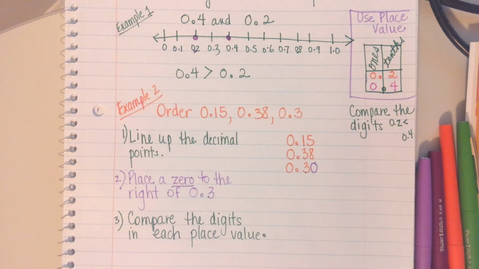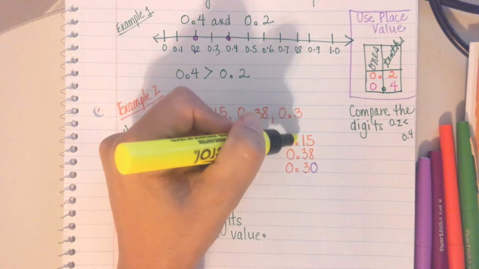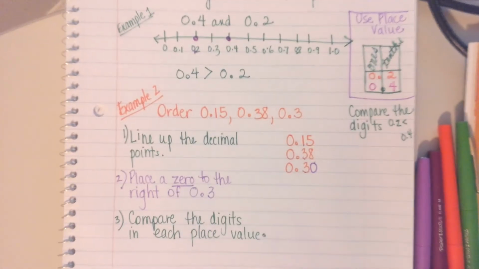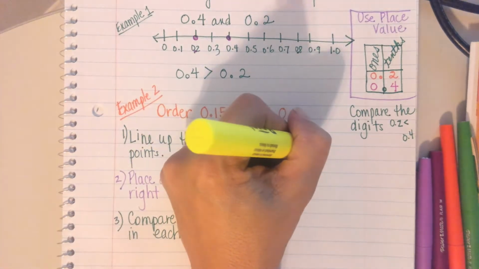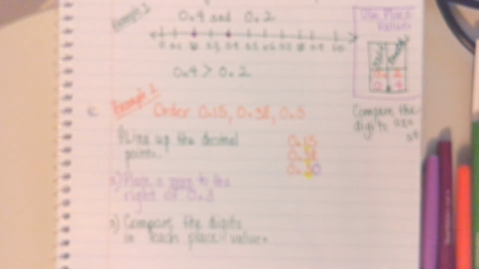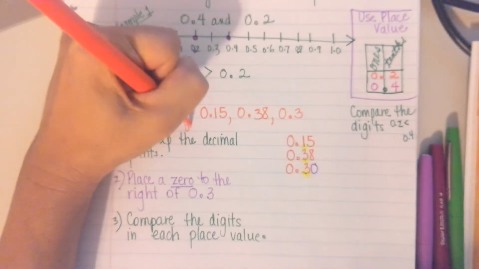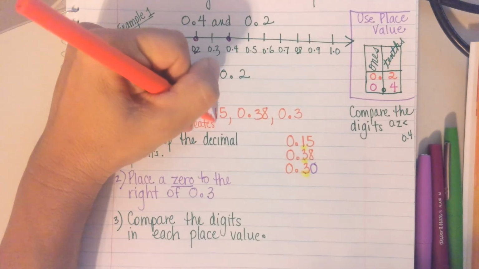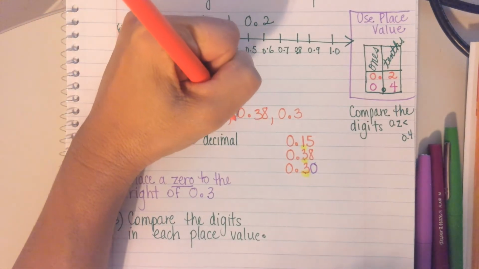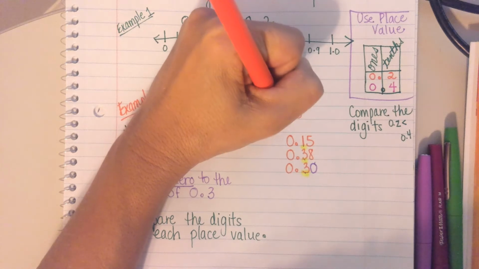This is where I like to use my highlighter. We have all zeros in the ones place, but now we've got a 1, 3, and 3. And I'm going to do this like it says in the book. It says greatest to least.